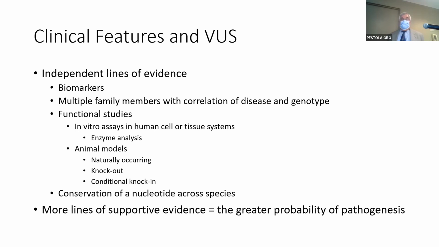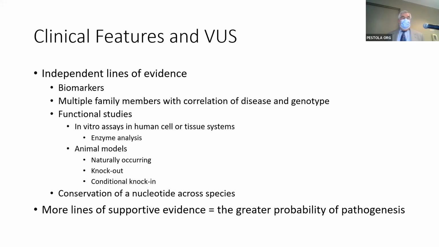Or functional assays. Well, in some cases, you can do enzyme assays. And you might then convince somebody to get an invasive biopsy for a tissue where you can actually analyze a particular gene. Is there an animal model? If we've got a naturally occurring animal model that has the same phenotype, then that gene's defect at the same position is probably causative.